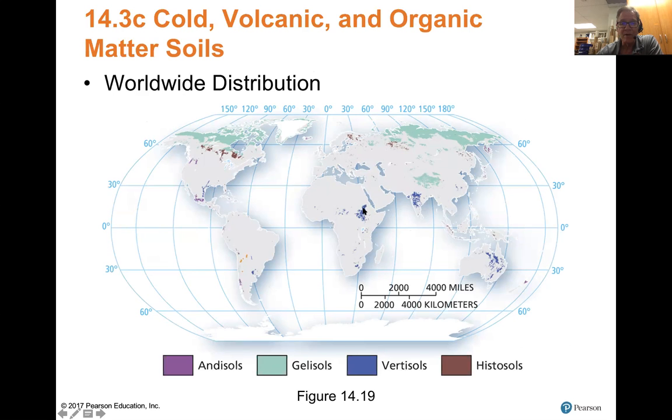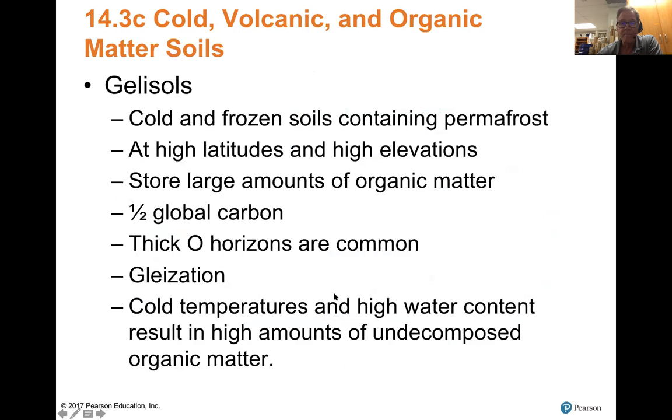The vertisols were higher elevations. So the gelisols are the ones that contain permafrost, and those are at high latitudes, higher elevations. And they can store large amounts of organic matter, and they contain about half of the global carbon. And so you get these really thick O horizons.